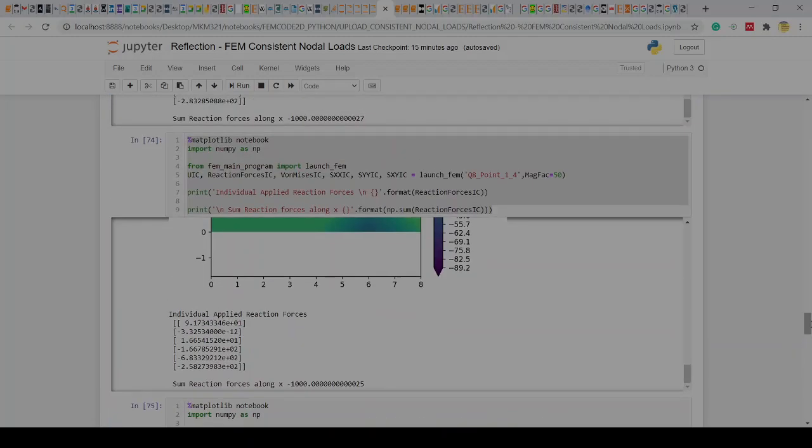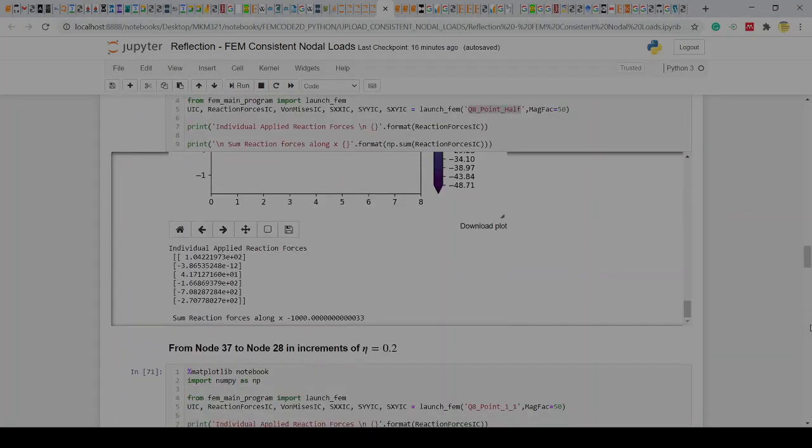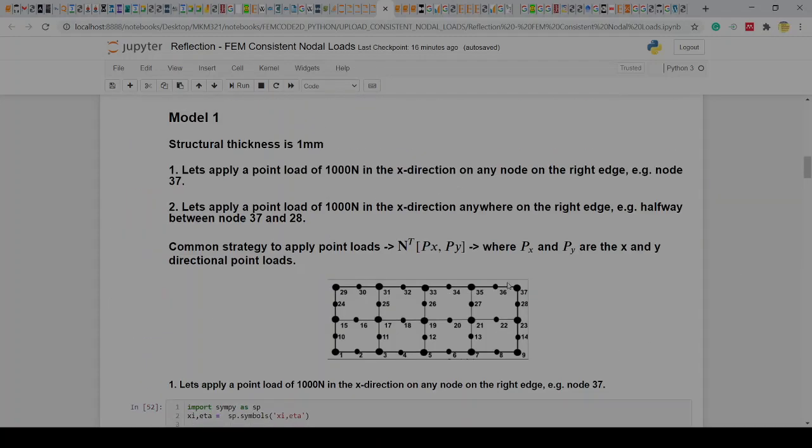You're welcome to go and confirm that if I were to apply the loading like this, what I induce on this side's reaction forces would be a moment, given by this force times the arm, plus a uniformly distributed load that we get out of 1,000.